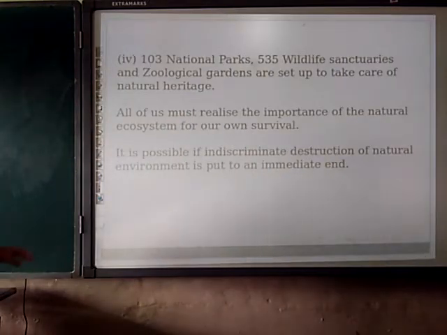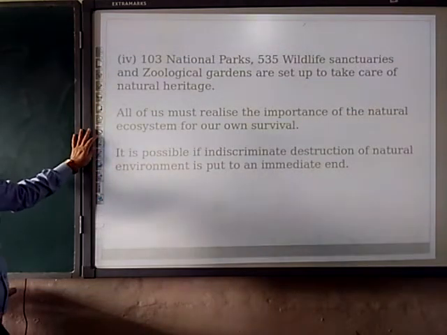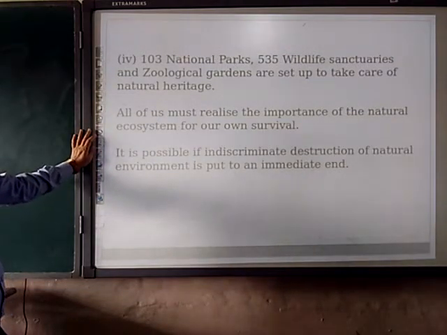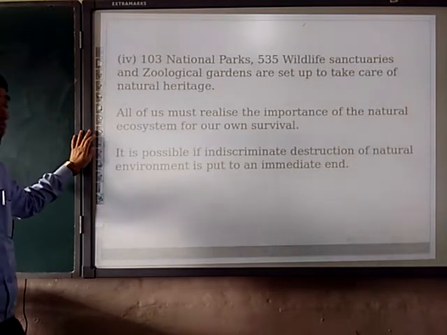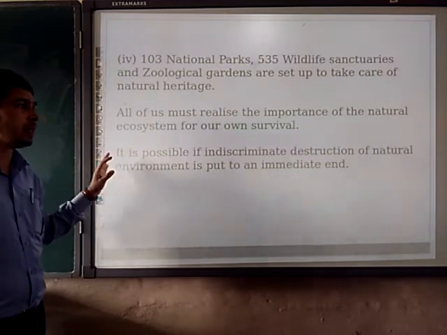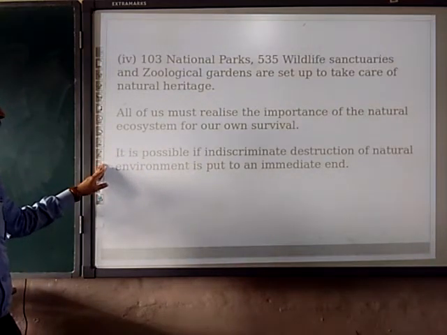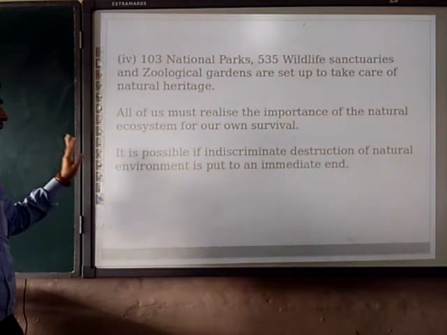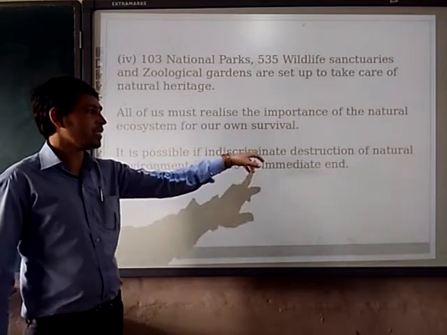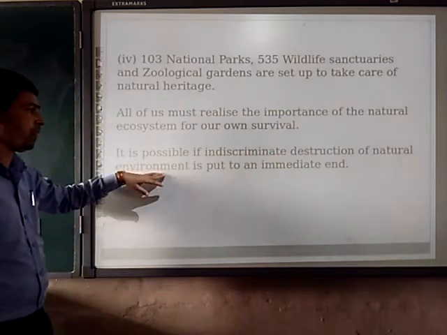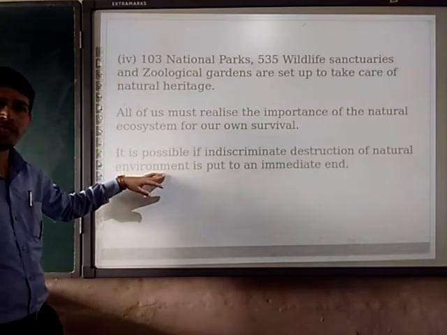Next, 103 national parks, 535 wildlife sanctuaries and zoological gardens are set up to take care of the natural heritage. All of us must realize the importance of the natural ecosystem for our own survival. It is possible if indiscriminate destruction of the natural environment is put to an immediate end.